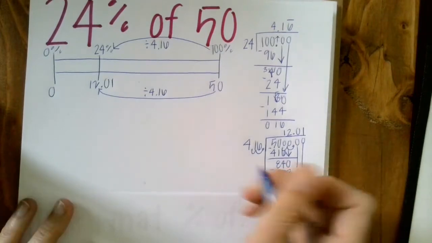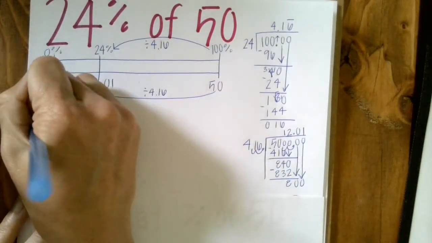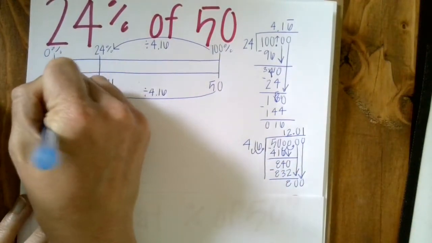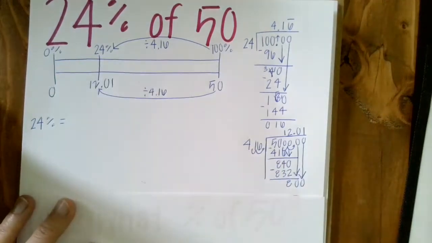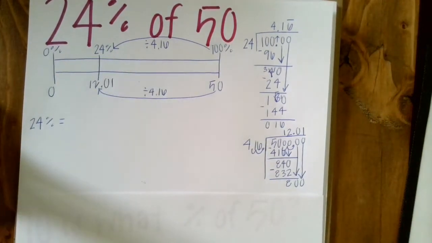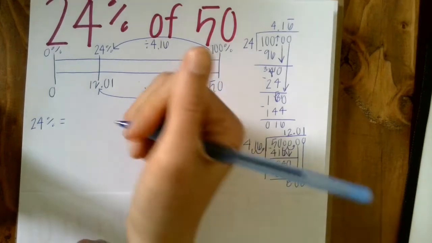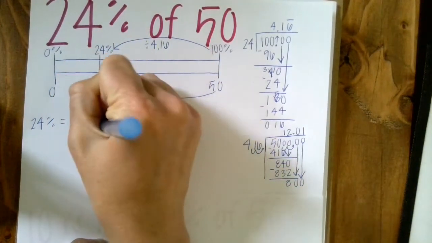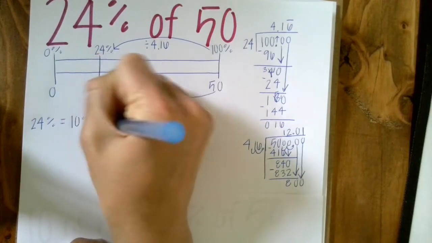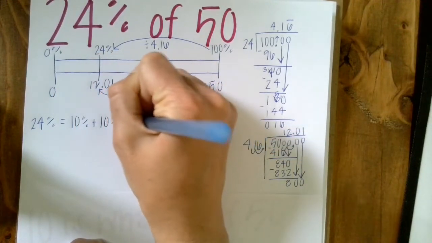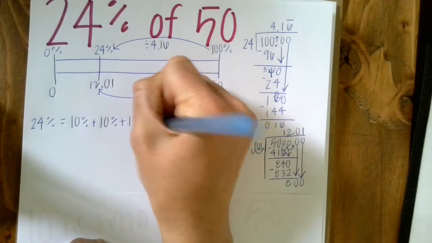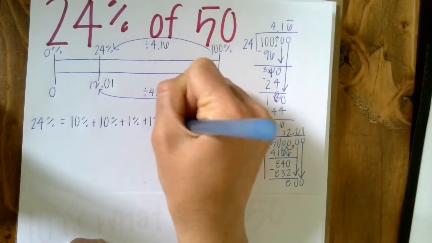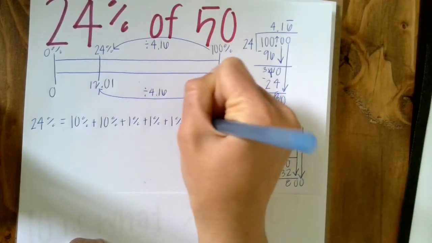So what I'm going to do is break 24% apart into the benchmark percents, the percents that are really easy to get to. So I know that I can have 10% plus 10%. So right now this would be 20%. Plus 1%, plus 1%, plus 1%, plus 1%.